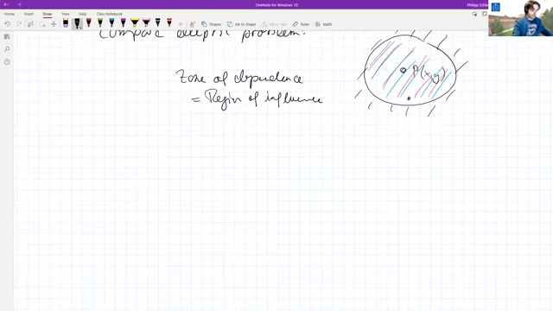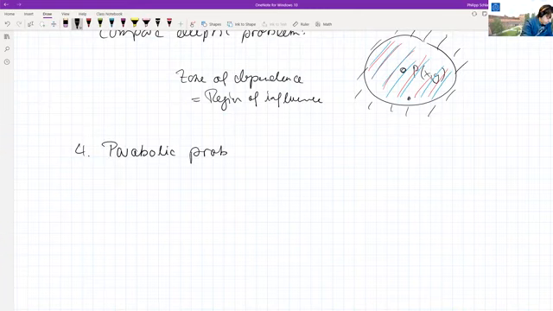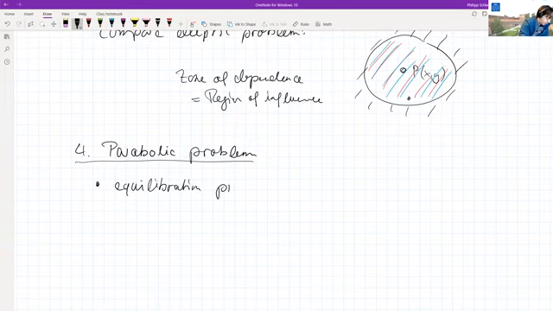If not, then we continue to the next topic, and of course it's kind of obvious that now we will talk about parabolic problems. In some way you can view parabolic equations to lie somewhere in between hyperbolic and elliptic problems, and the typical processes that are described with parabolic equations, I think we can summarize it with this: equilibrating processes.